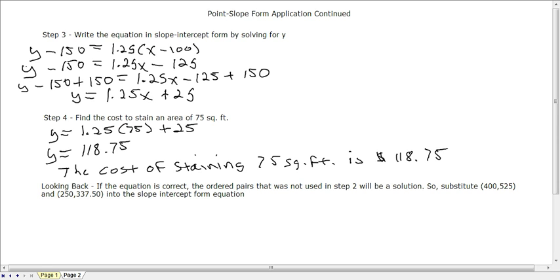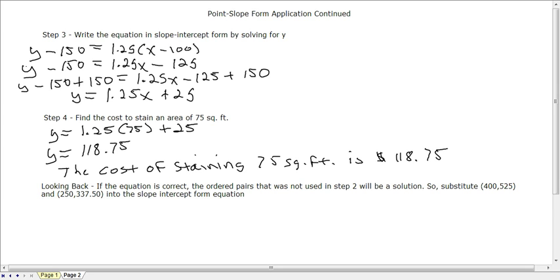Excellent. Now, how do we know we're correct? Let's check it by looking at the ordered pairs that we didn't use in step 2. If our equation is correct, then these ordered pairs will also be a solution.